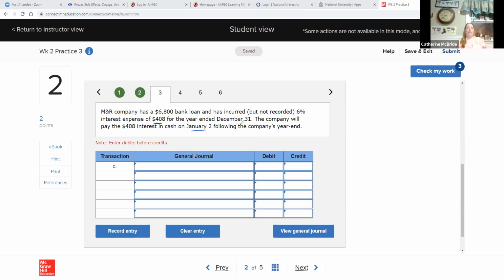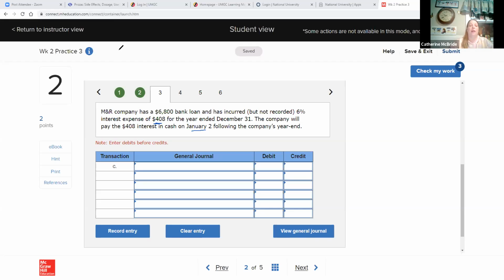But the problem is that we incurred the interest in the previous year. So we have to make sure that we record the interest expense in the period when we incurred it, so we have to do an adjusting entry, because we would typically just record it when we pay it. We have to record that $408 of interest expense this year.